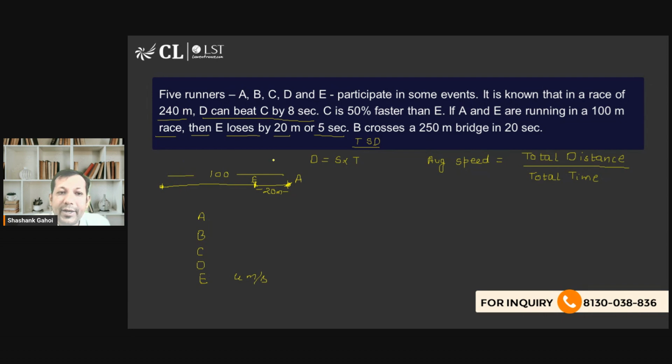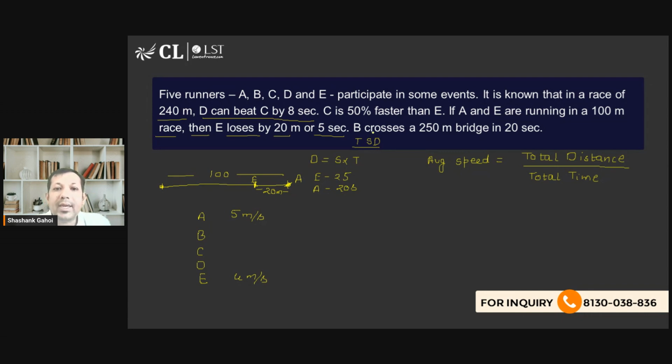To cover 100 meters, E is going to take 25 seconds, and A is beating E by 5 seconds. It means A must cover those 100 meters in 20 seconds. So what is the speed of A? That is going to be 5 meter per second.